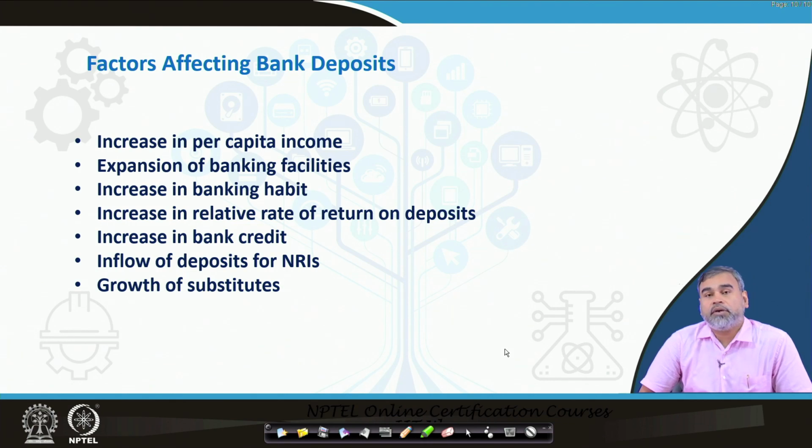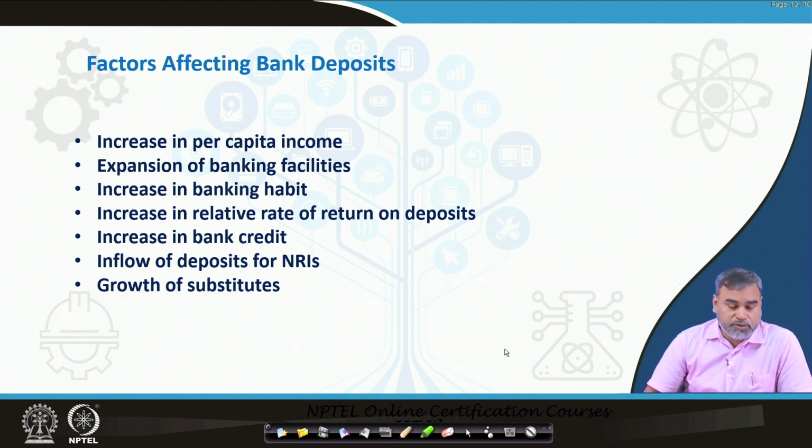So, either due to the economies of scale in terms of the products of these deposit services, or the other alternatives available in the bank, that also decides whether the demand for bank deposits will increase or not. So, these are the different factors which are affecting the deposits of the commercial banks.